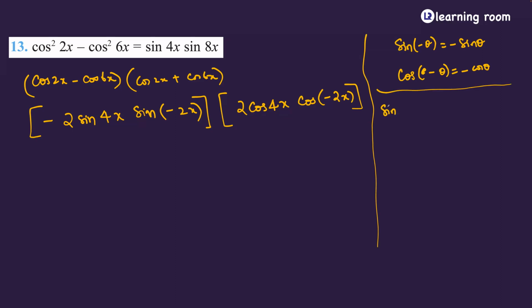Just to give you the understanding, any problem can be solved using those 4 identities which I gave you in the beginning: sin A plus B, sin A minus B, cos A plus B, and cos A minus B. For example, if I need sine of minus theta, can I write it as sine of 0 minus theta? So sine of A minus B is sine A cos B minus cos A sin B. Sin 0 is 0. Cos 0 is 1. So minus 1 into sin theta is minus sin theta. This is another way of understanding.